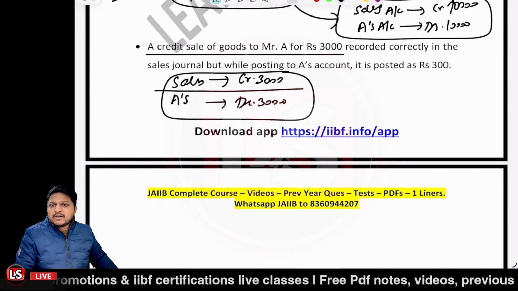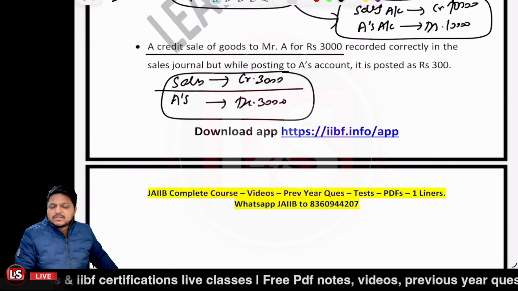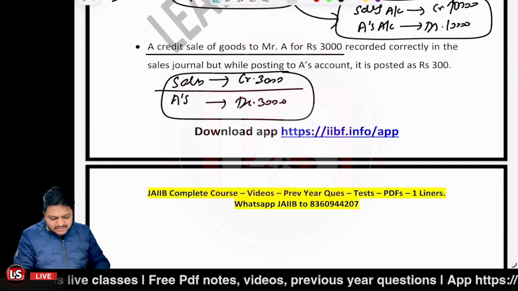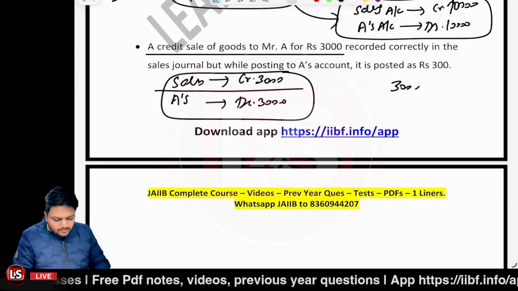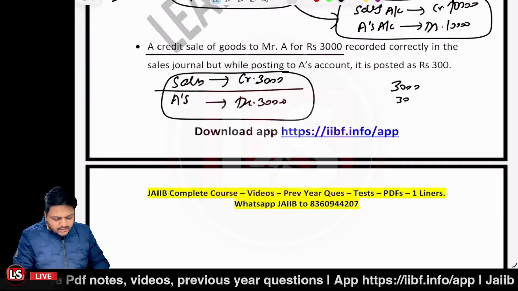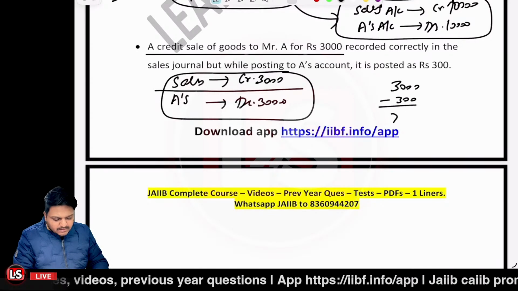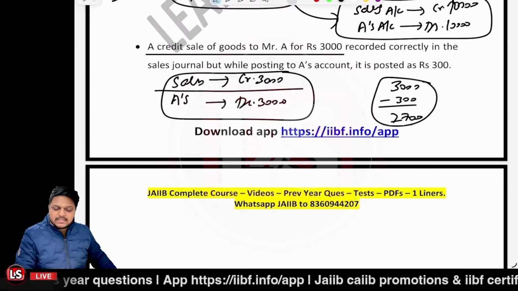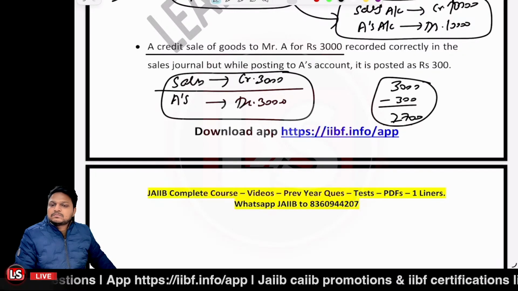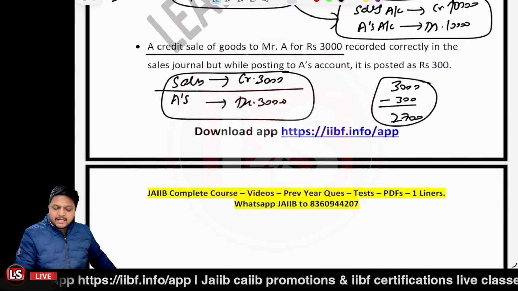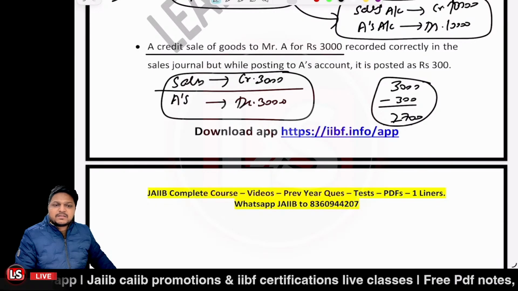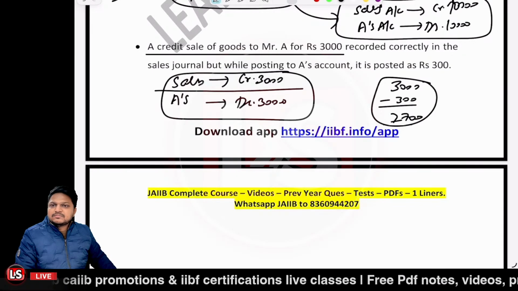Means we have undercasted the balance by an amount of rupees 2,700, because instead of posting rupees 3,000, you posted just rupees 300. Means the account is undercasted by rupees 2,700. Is that clear? Kindly confirm. Are you clear with this particular part so far?